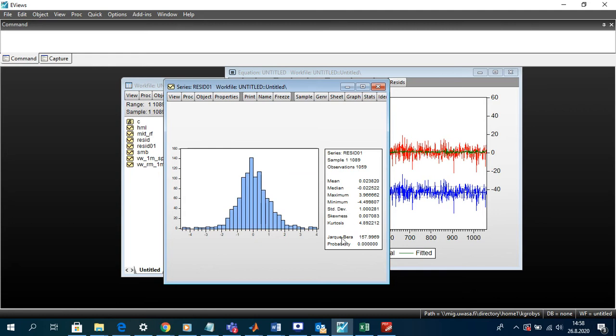Whenever this is significantly violated, then the p-value of the JB statistic would be below 0.05, given that we have a significance level of 5%. And here, obviously, we see that our innovations are not normally distributed.